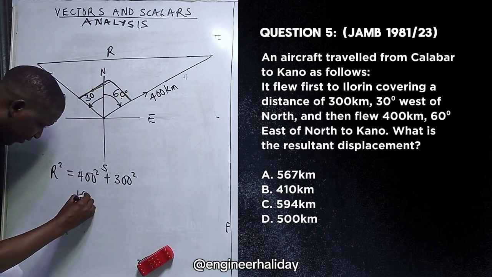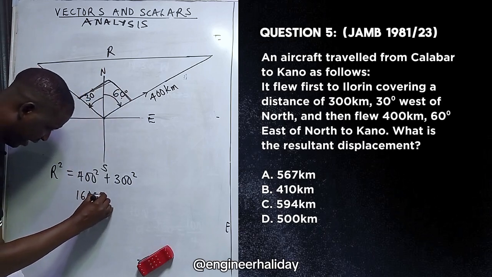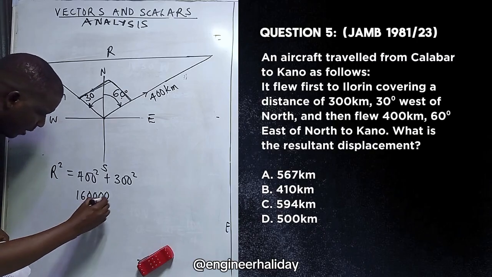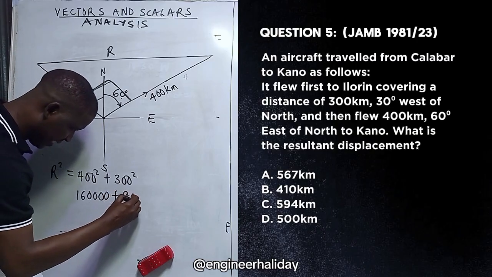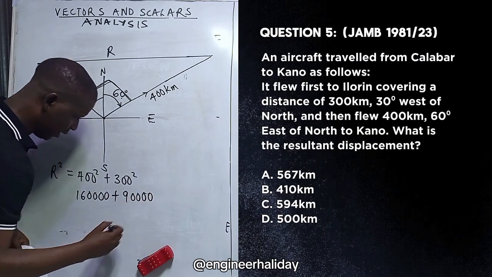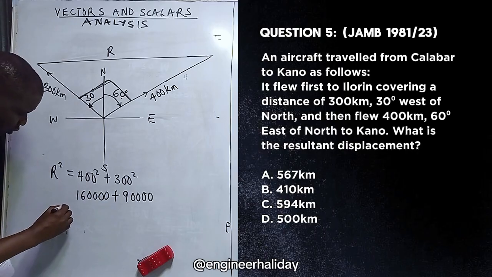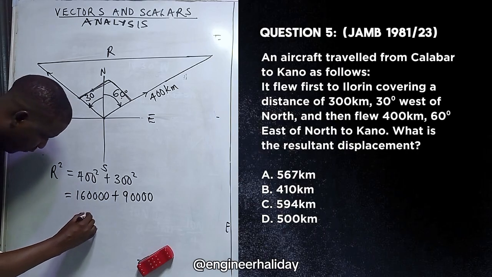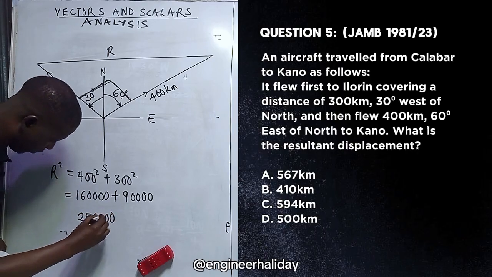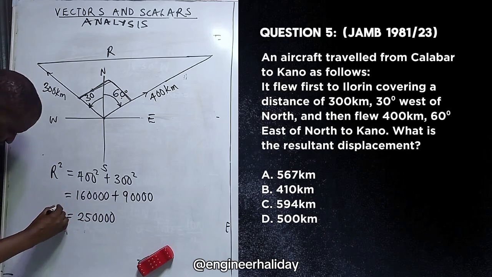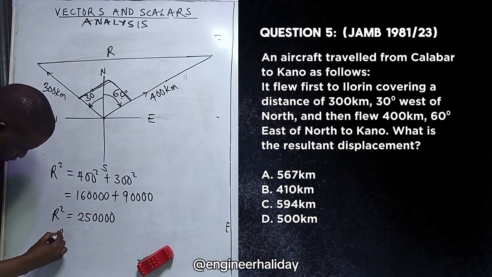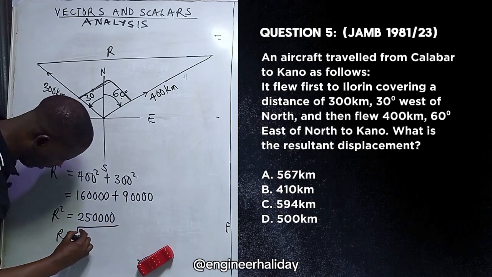So 400 square is 160,000, plus 300 square is 90,000, and that will give us 250,000 equal to R square. So how do you find R? R will now give us the square root of what?